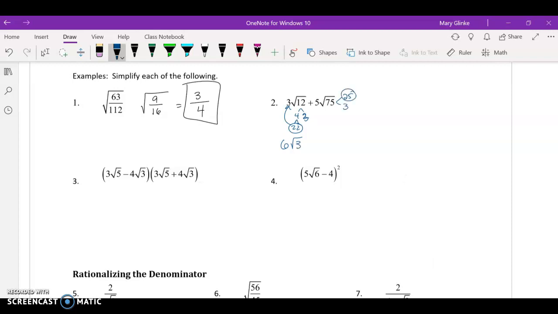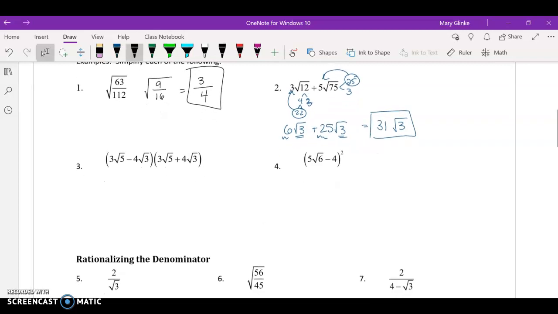If you know the square root of a number, you can take the square root and pull that out. So you're going to do 5 times 5 on the outside to get 25 root 3. Now the radicands are the same, so that remains root 3, and you add your coefficients. So we get 31 root 3.